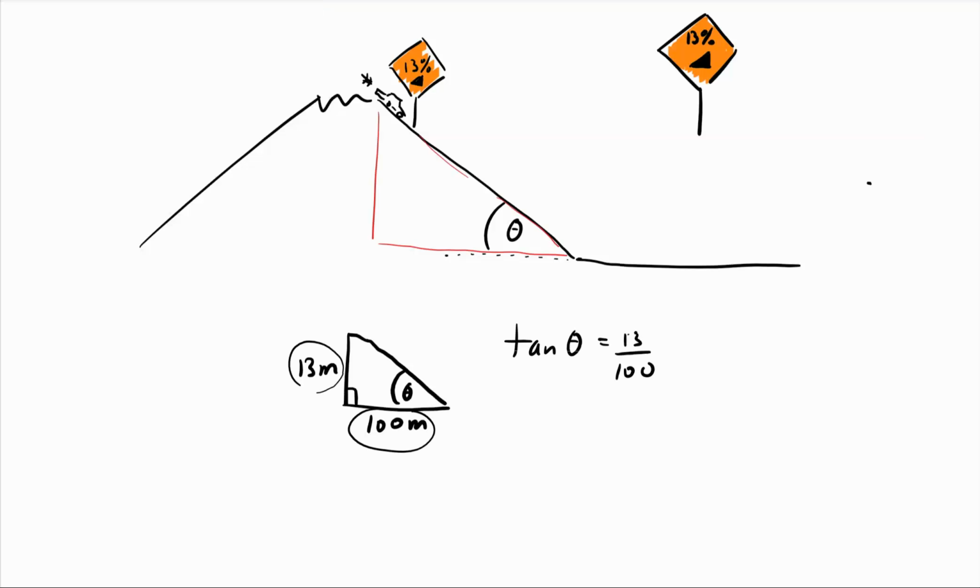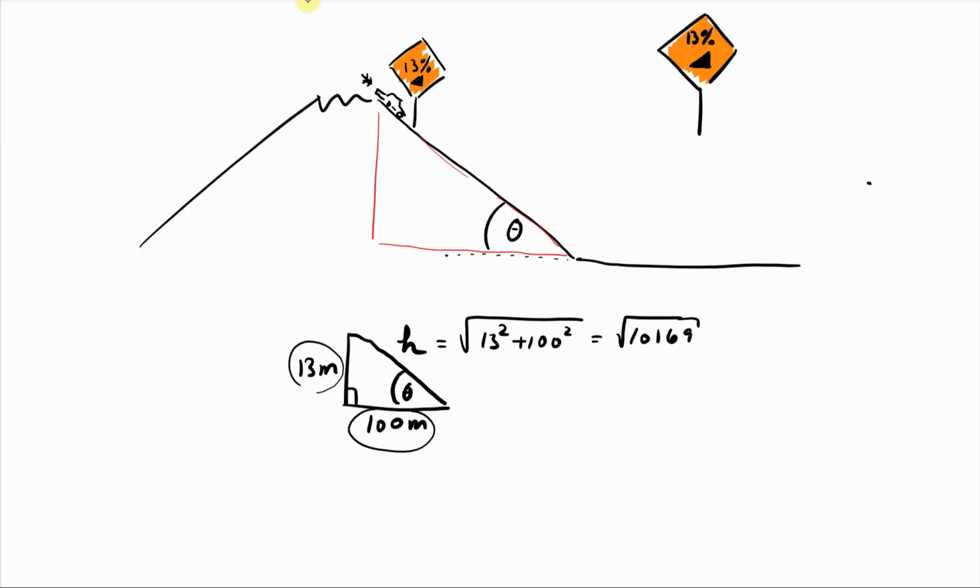So we're going to use the technology we know so far, the arcsine and arccosine. To have access to those, I need to know what the hypotenuse is here. This is going to use the Pythagorean theorem, the square root of 13 squared plus 100 squared, so that's the square root of 10,169.